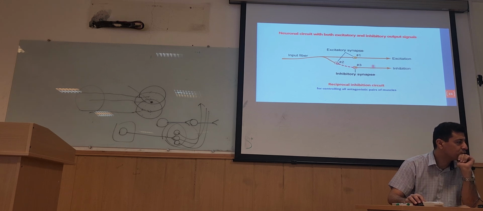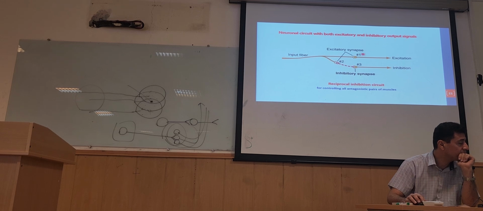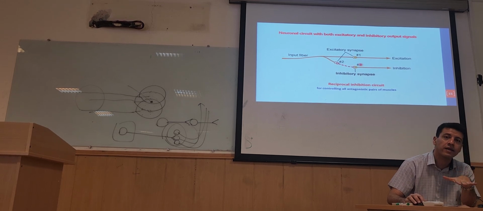So we have two output neurons. The first one is activated directly, but the second one is inhibited by way of an inhibitory interneuron. So one action potential in the input fiber activates one neuron and inhibits another one. We call this reciprocal inhibition circuit.